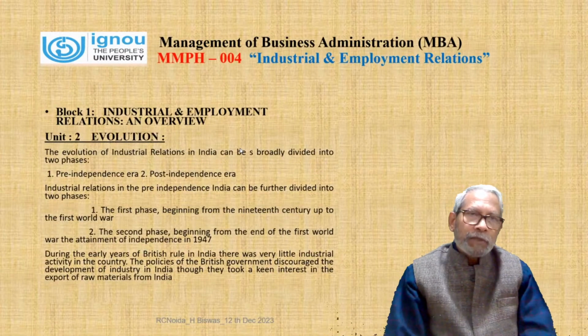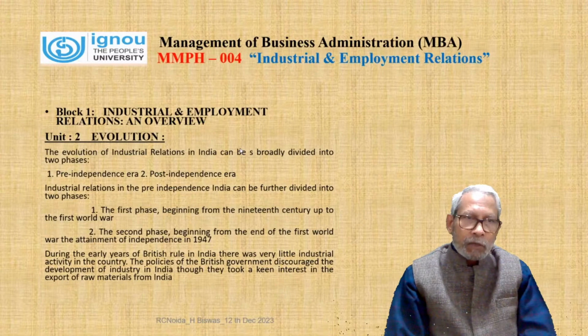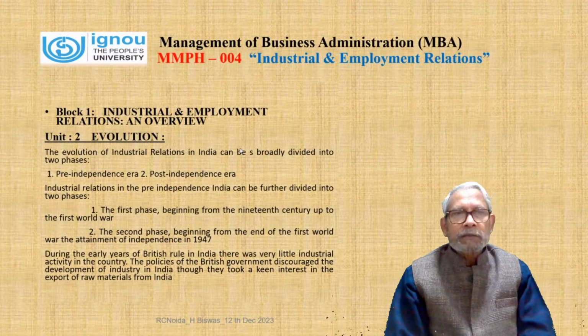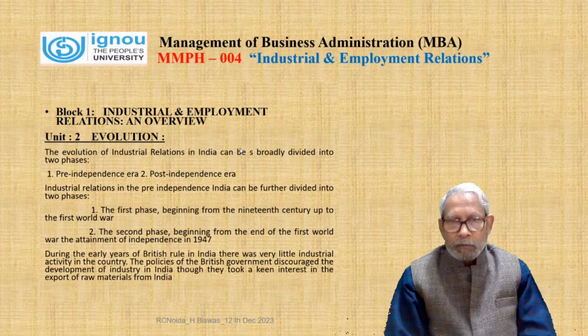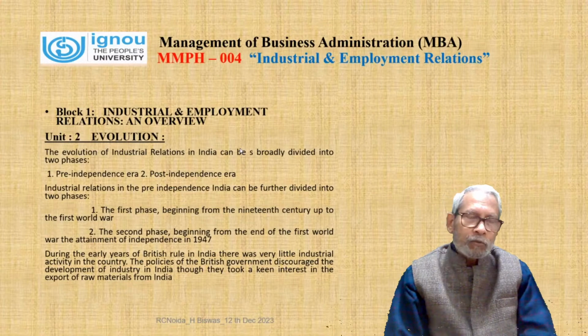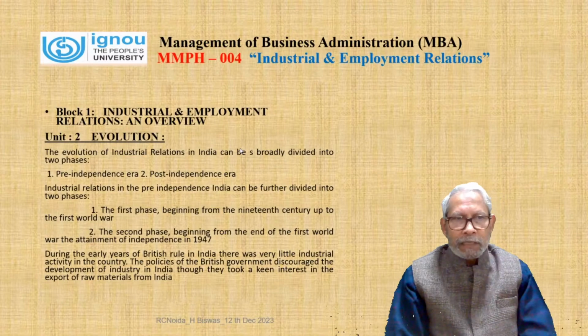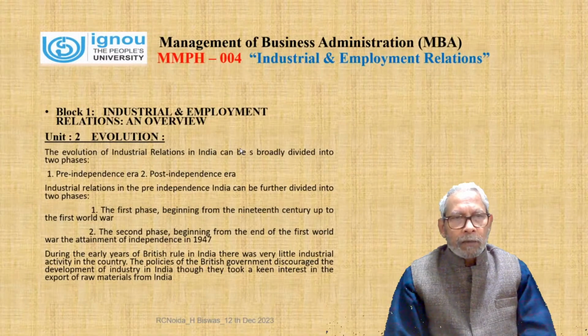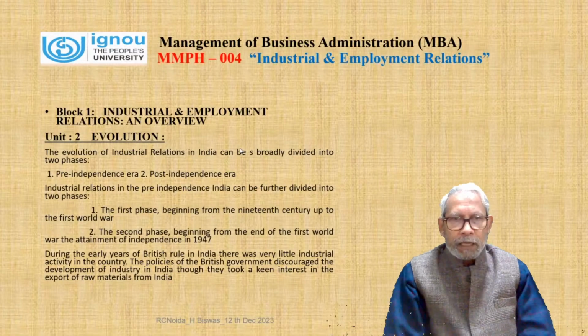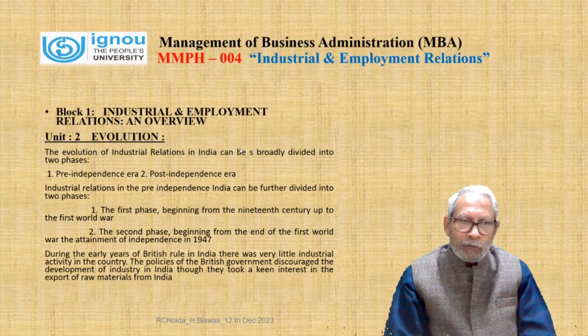Then, evolution of industrial relations. Now we have to discuss some of the evolution part. In India, it can be broadly divided into two phases, as we have seen: the pre-independence and the post-independence. Industrial relations in pre-independence India can be further divided into two phases.